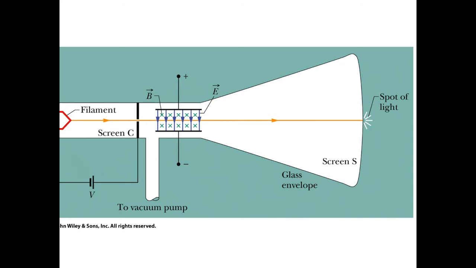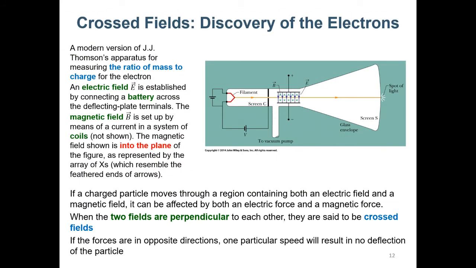So if both forces have the same magnitude, then they will cancel each other. If not, then the electron may go either upward or downward, like this or like that, depending on which force is larger.